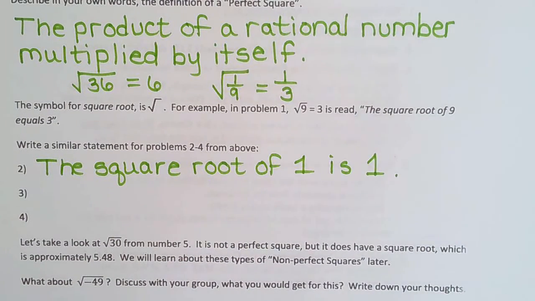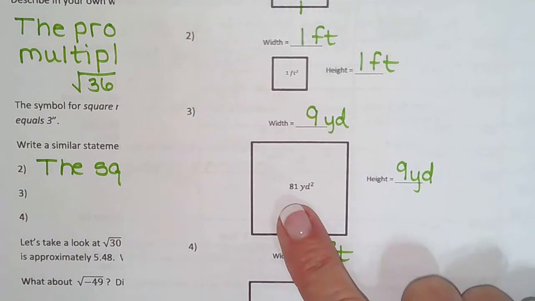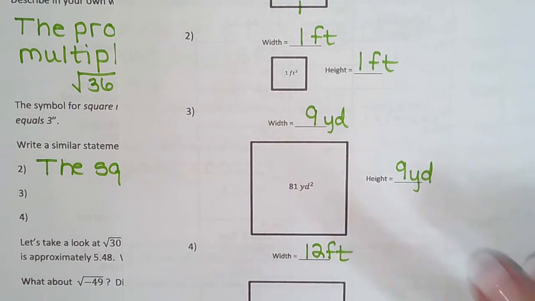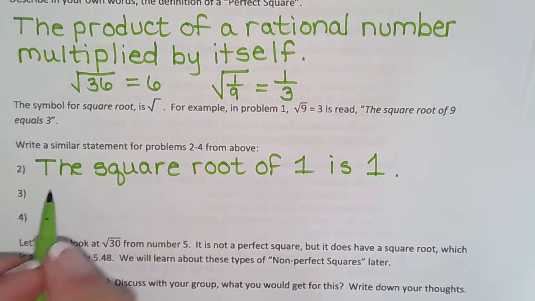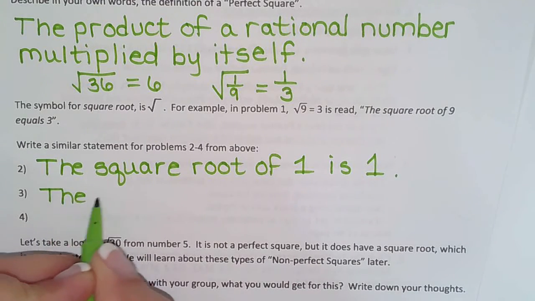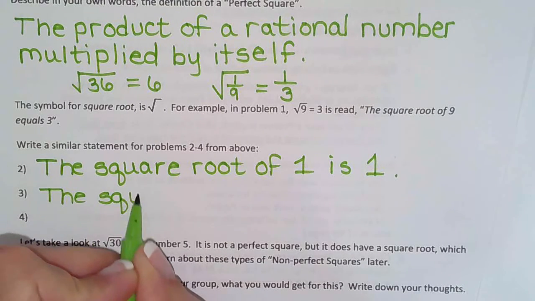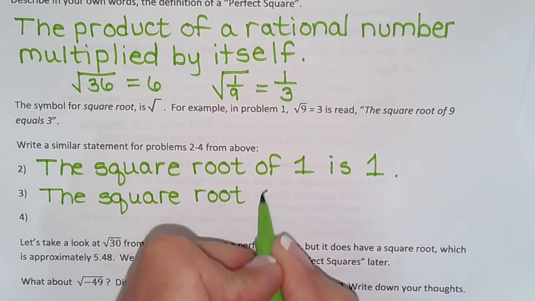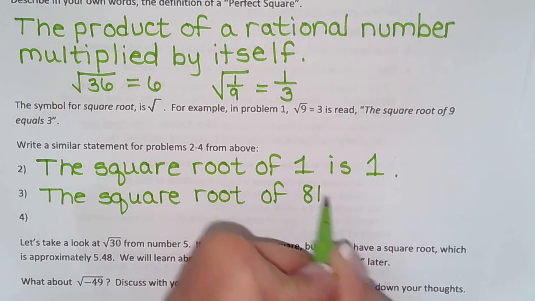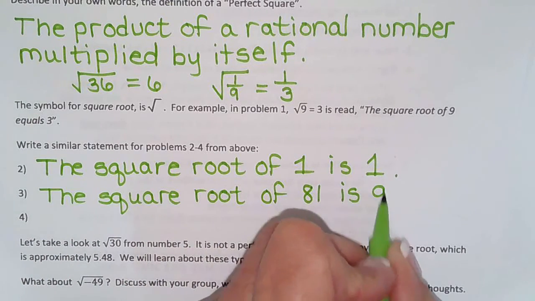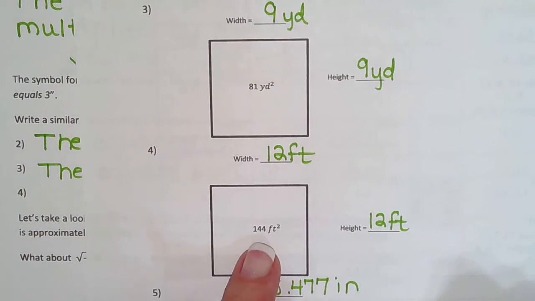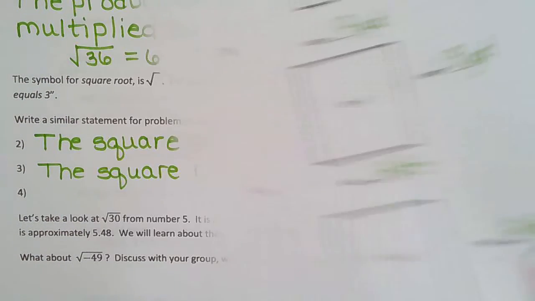For 3, the square root of 81 is 9. And last but not least, 4, the square root of 144 is 12.